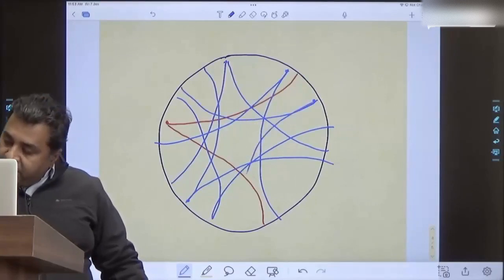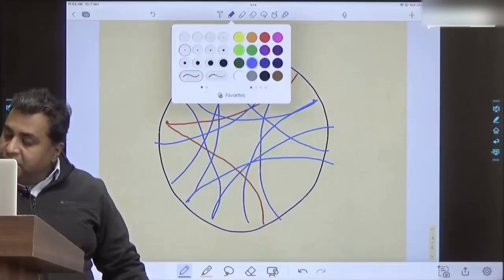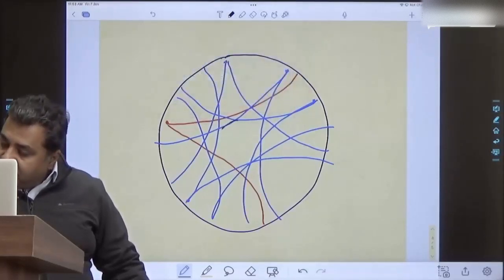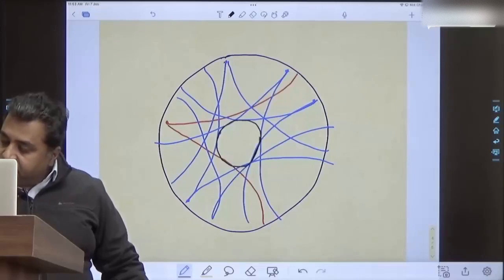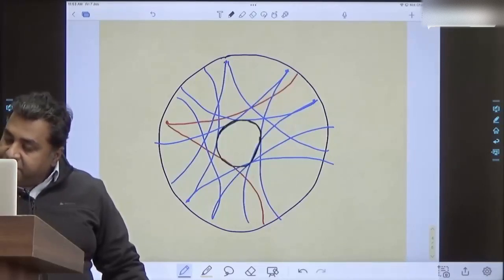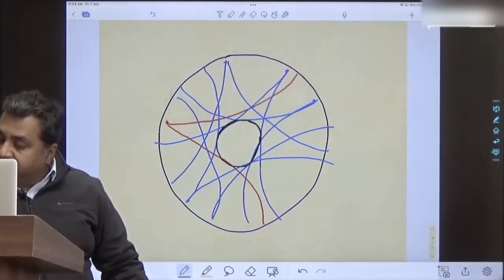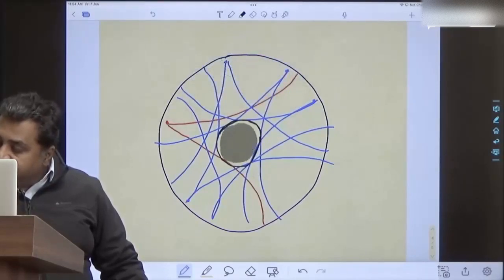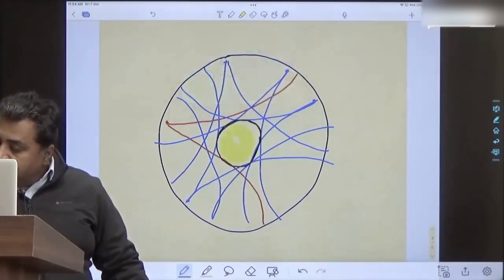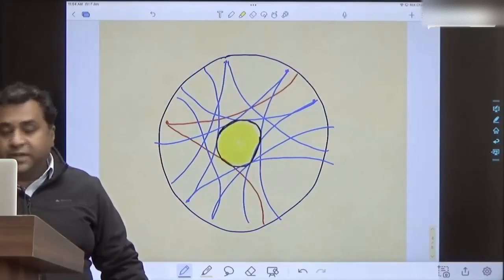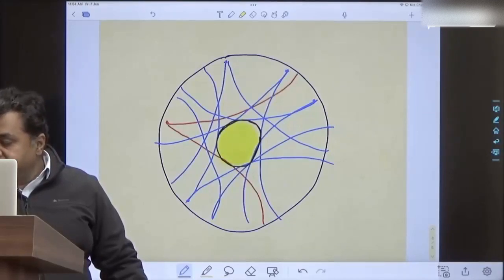If I go on drawing like this, ultimately after a period you will get a spherical region in the center, where you will find that the S waves are not able to pass through.